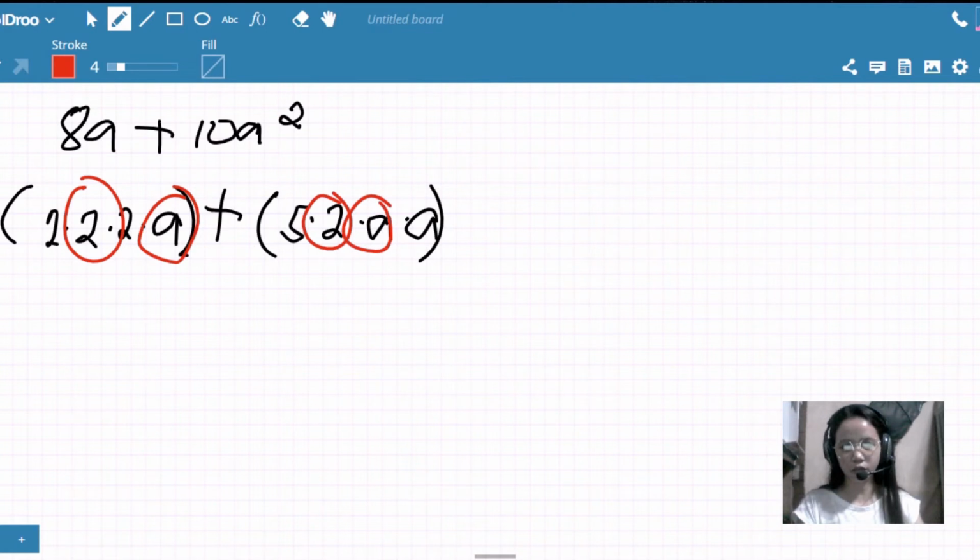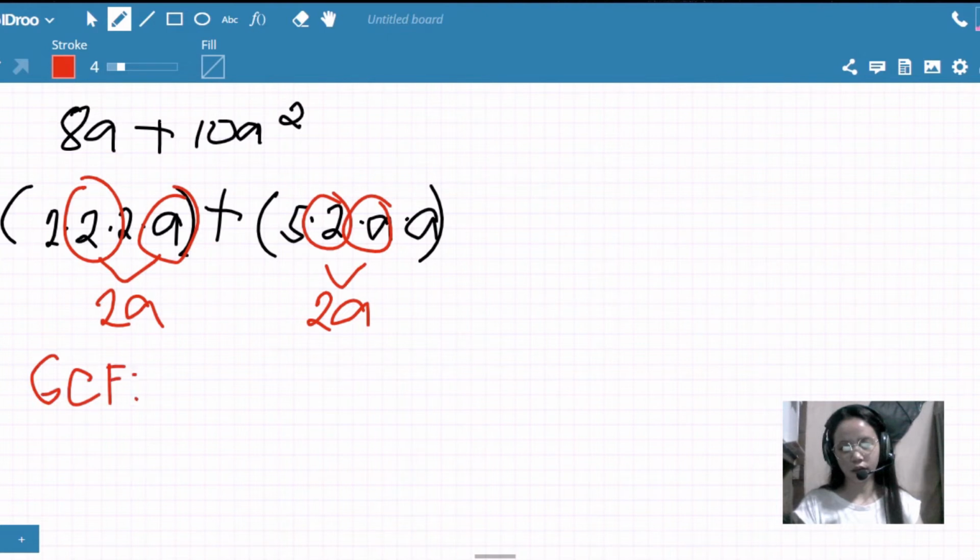Combining these two, we will have simply 2a on each side. So therefore, these two terms, 8a and 10a squared, can be divided by 2a. And therefore, also, our GCF will be 2a.